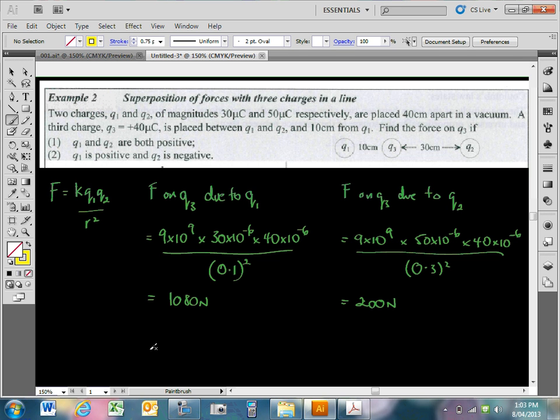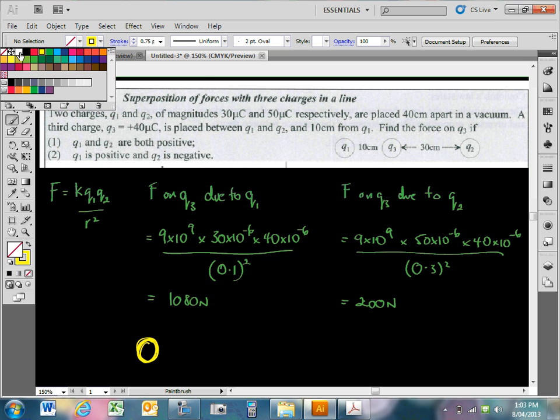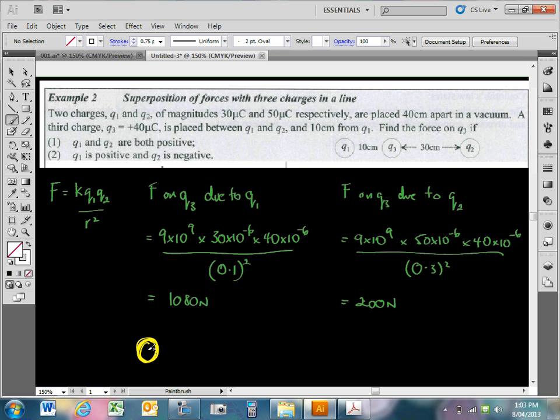So let's look at Q3 for the first part. There's our Q3. Q1 and Q2 are both positive. This 1,080 newtons, on Q3 due to Q1, is going to be to the right if they're both positive, Q3 and Q1.